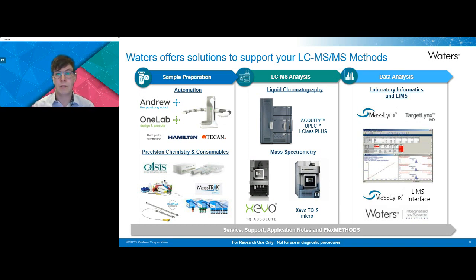We have options in liquid chromatography with our ACQUITY UPLC systems, with our mass spectrometers such as the Xevo TQ Absolute and Xevo TQ-S micro. And the data handling and review is handled within MassLynx and TargetLynx, and the LIMS interface can help import and export data between your LIMS system.